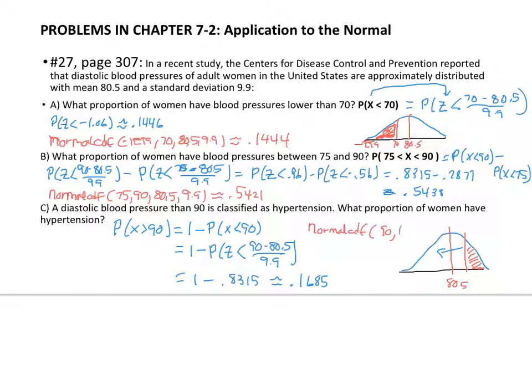The upper bound is 1E99, and then the mean is 80.5, and the standard deviation is 9.9, and then we get about the same answer. It might be off a little bit, but I think we get about 0.1686. Okay.